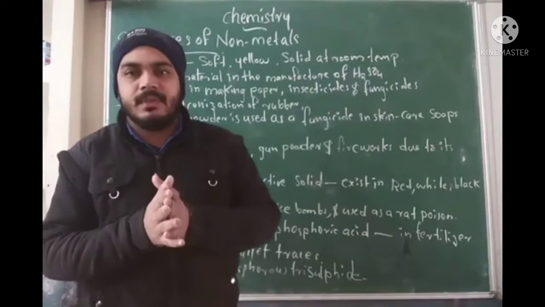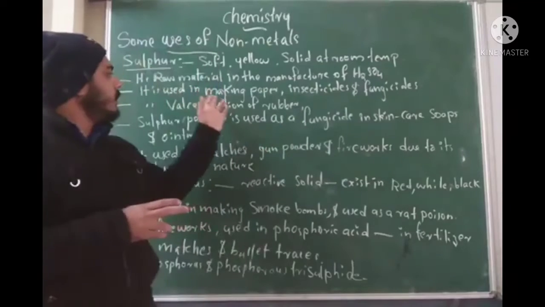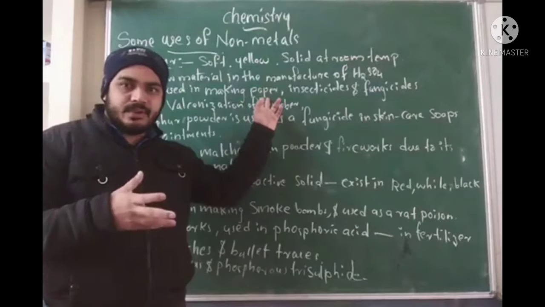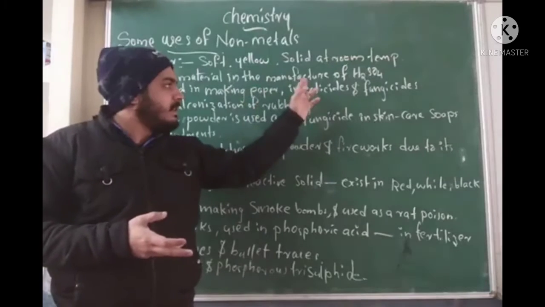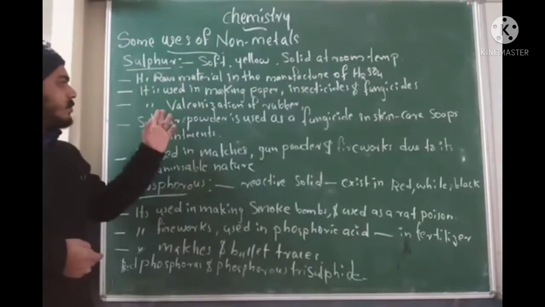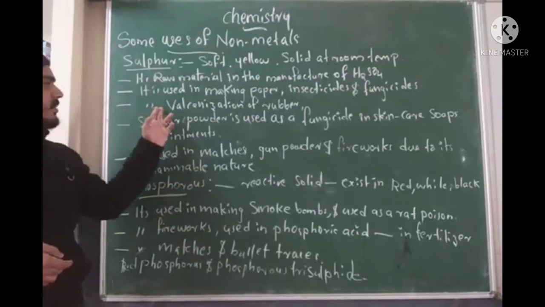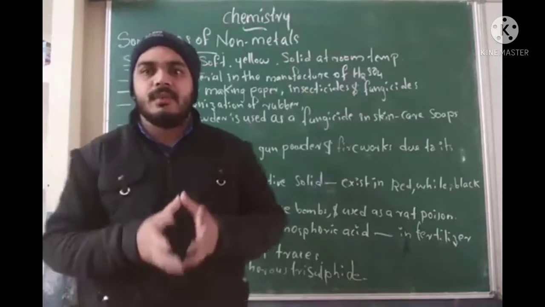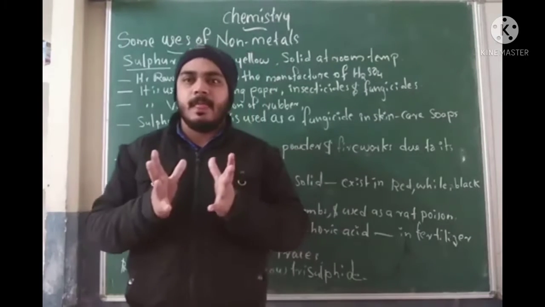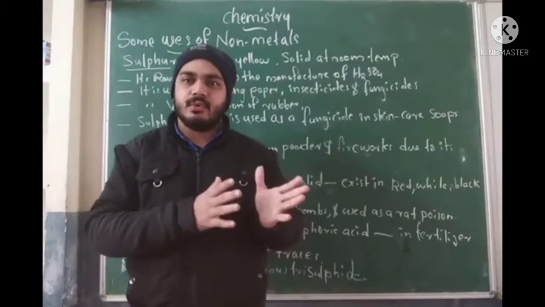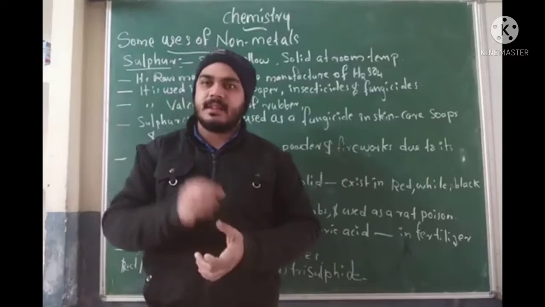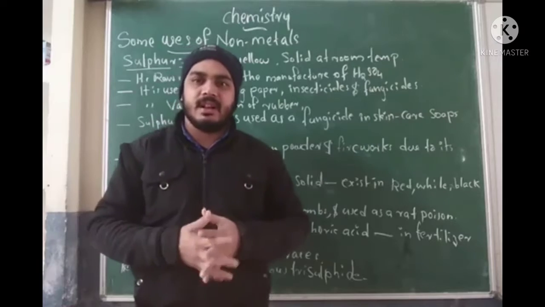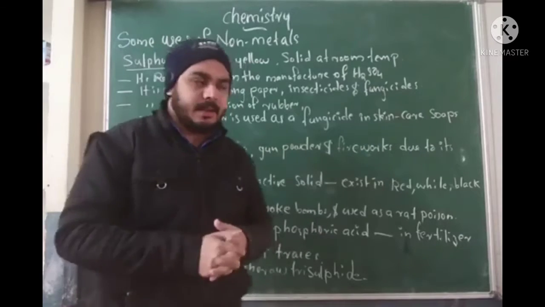And next one, sulfur is used in the vulcanization of rubber. Vulcanized rubber is more durable and strong compared to natural rubber. That's why sulfur is the agent for vulcanizing rubber, to increase its strength and durability.